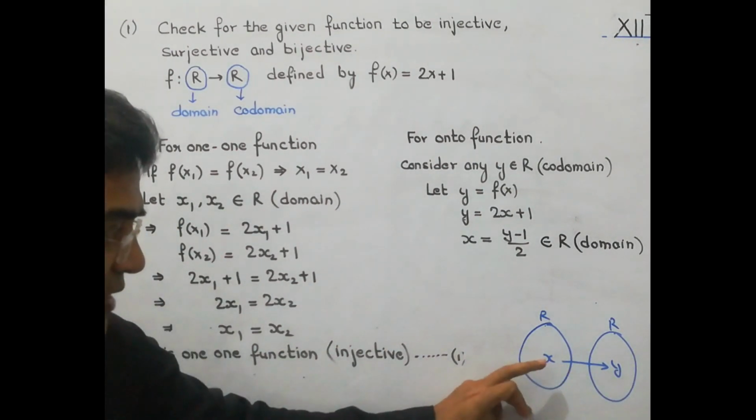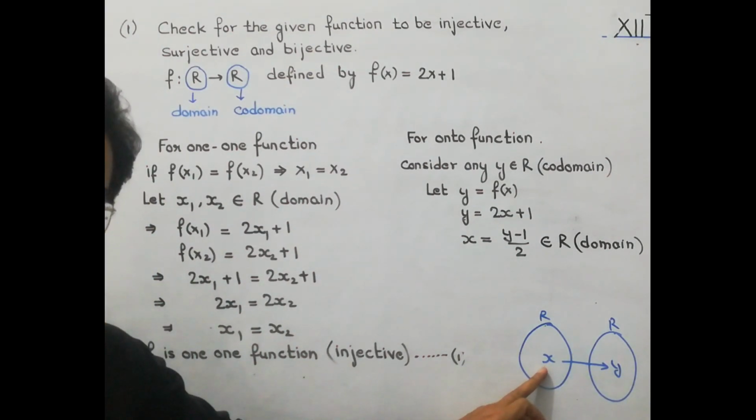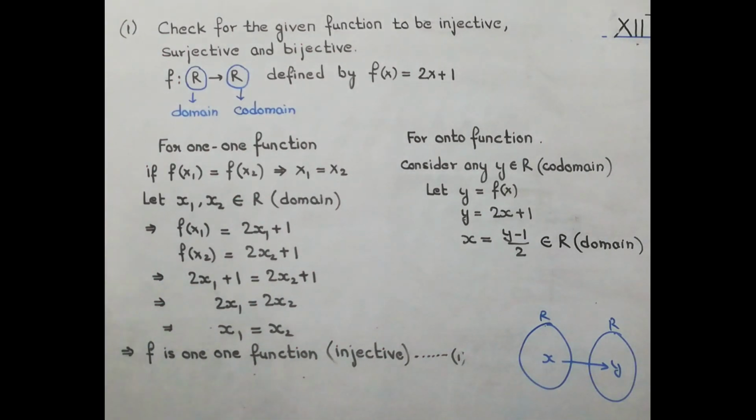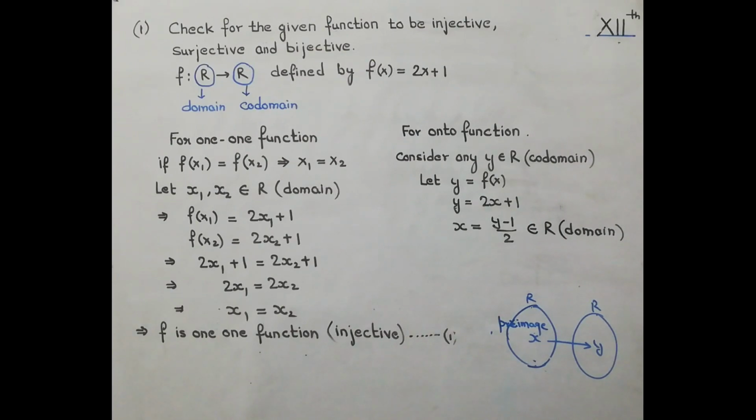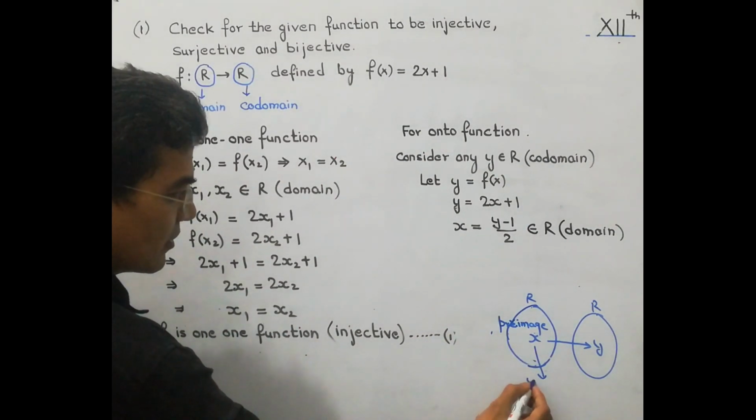Now here you can say that y is the image of x, isn't it? Or in other words, you can say that x is the pre-image of y. Now see here in the diagram, if I am saying y is the image of x, I can also say that x is the pre-image of y. Now this x is the pre-image.